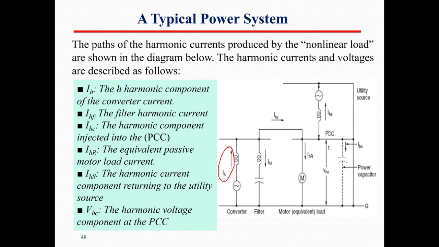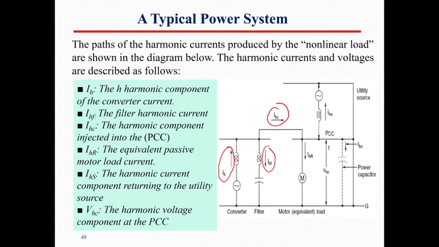The IHF, the filter harmonic current. Okay, so this is the filter. This is the harmonic current that flow through the filter. The harmonic component injected into the point of common coupling, we call it IHC.